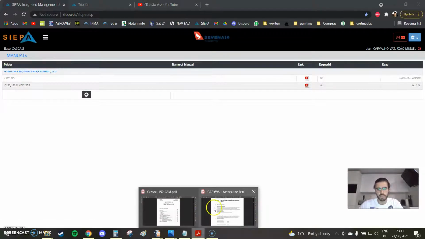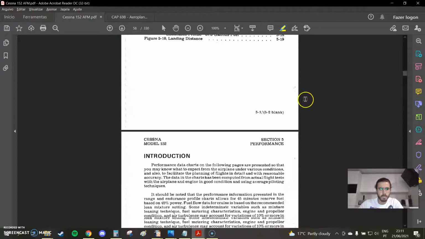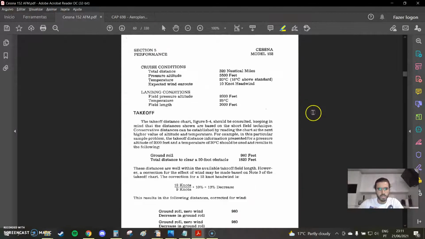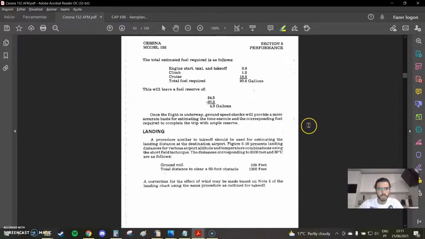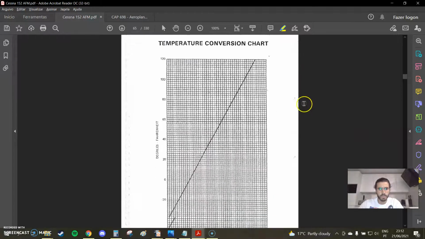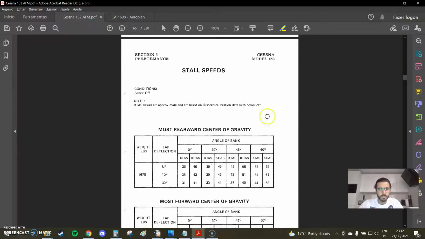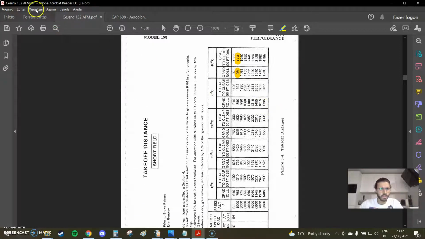All right, I already have it here, and we'll come to performance. You'll have a slight introduction, and then they will explain to you how to do the performance calculations, but I'm going to skip this part. Also have airspeed calibration, temperature conversion, stall speeds if you want to check them out, and then we'll come here.